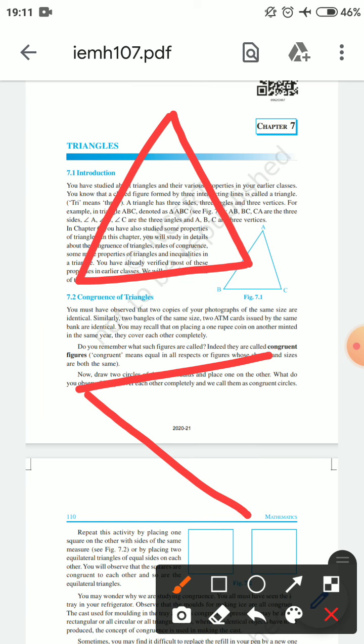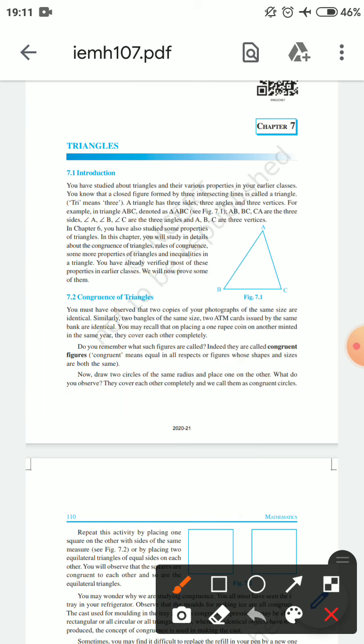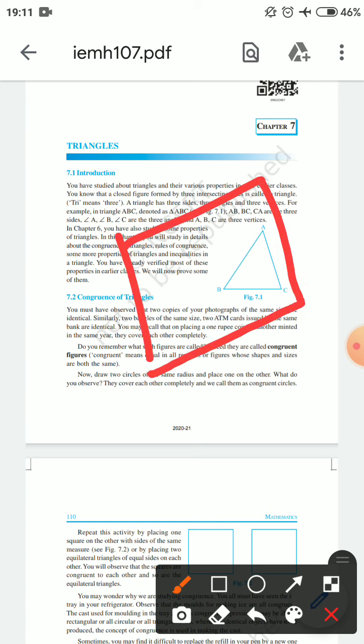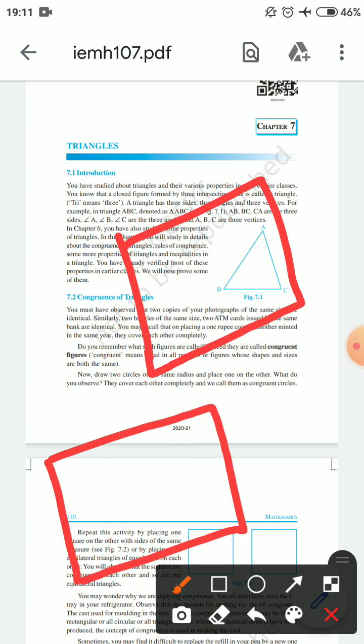Let us discuss some other examples. Suppose I have drawn a square, and here I have drawn another square. So for square 1 to be congruent with square 2, these two squares must overlap each other completely, right?